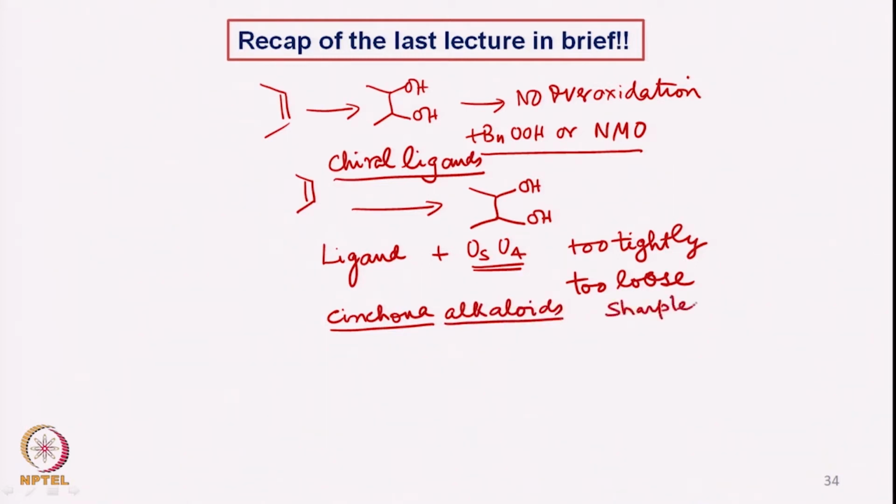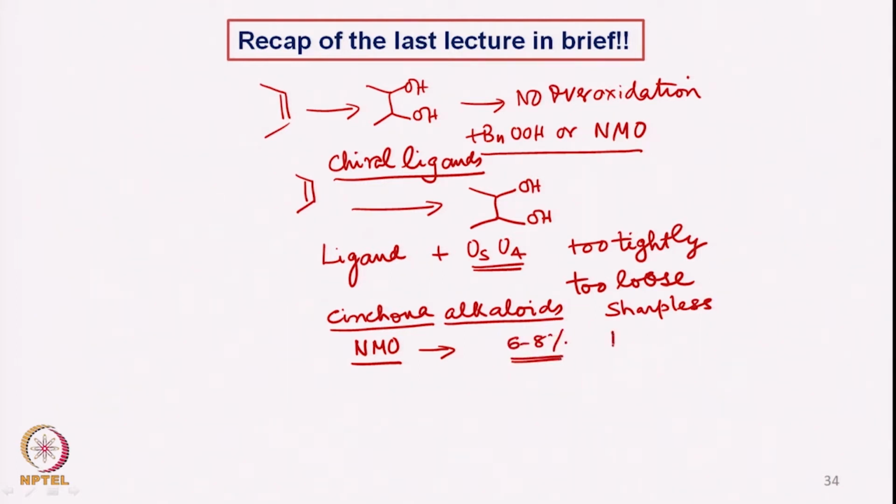And initially although NMO was used, it was found that NMO leads to the optical purity of the dihydroxylated molecule being low in some cases, as low as 6 to 8%, and therefore it was not the best choice.